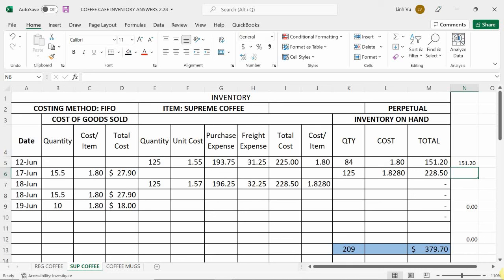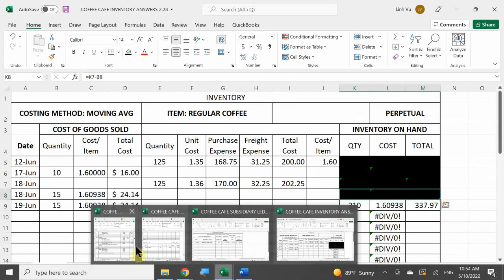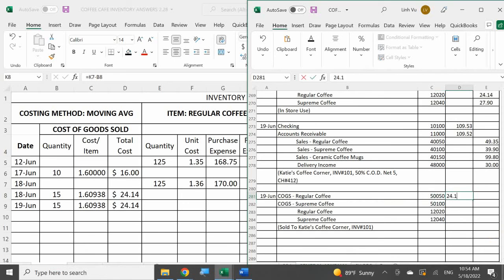Okay. So good. So that means at the end of the day, I should have $379.70 left in my inventory, and I just sold 18. So 24.14 for the regular and 18 for the Supreme. Okay. So I'm going to plug those numbers in. 24.14 and 18.